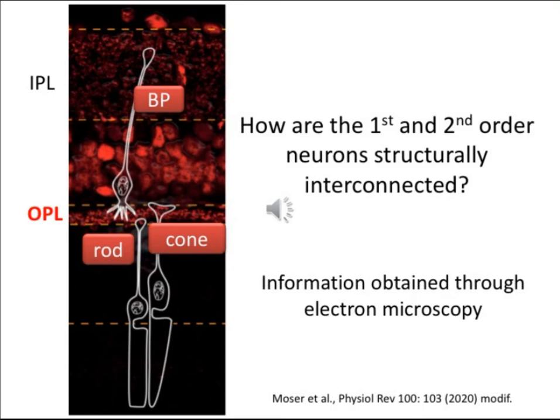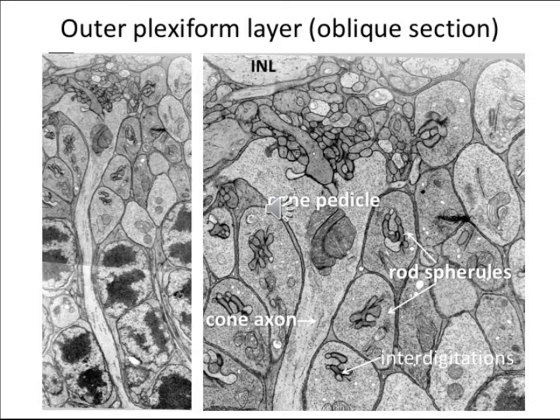Abundant information is given by a look through the electron microscope. You see here two electron micrographs of an arbitrary section through the outer plexiform layer at different magnifications. A prominent axon runs through the outer nuclear layer on the bottom left up to the outer plexiform layer at the top.